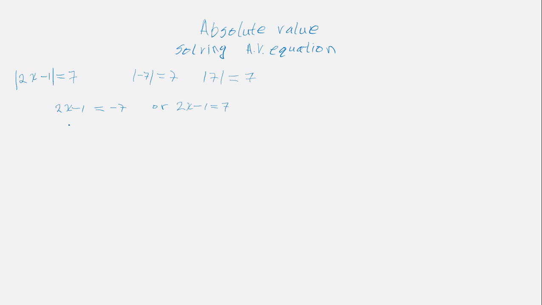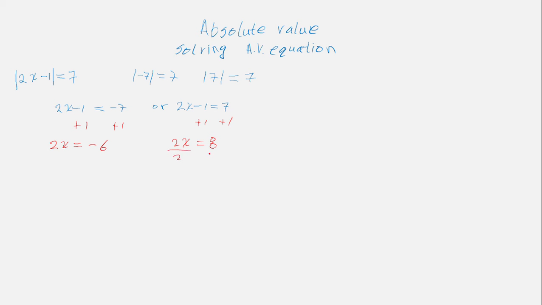And now we just need to solve the two equations. In this case we just add 1 to both sides in both equations. Once we add 1s, we get 2x is equal to negative 6, and here 2x equals 7 plus 1, which is 8.